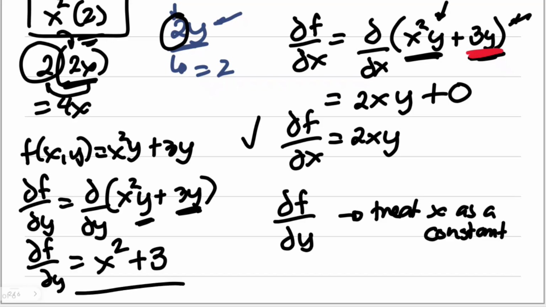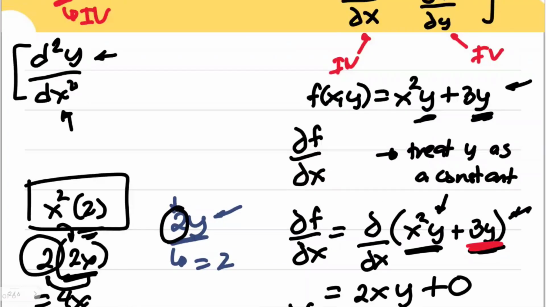As you can see, these two are not the same because we are having two different independent variables here. So the partial derivative can be of different forms depending on which independent variable you're considering to be connected to your partial derivative.